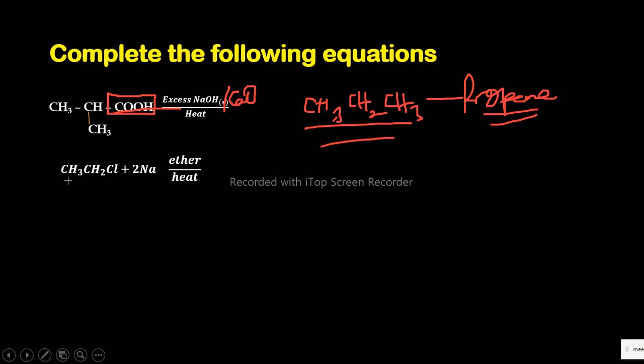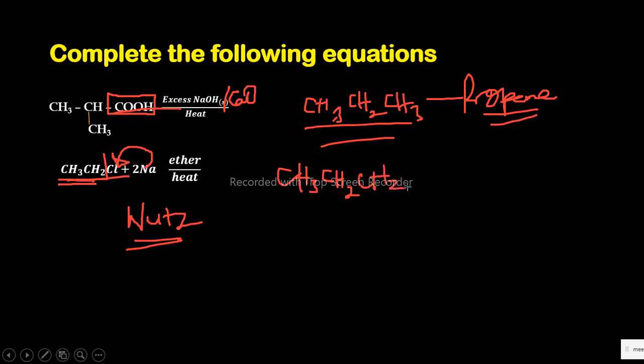But now this is the Wurtz reaction. With this reaction, there is doubling of the carbon chain, where the sodium is going to take away this Cl, and the CH3, CH2 doubles, and we form CH3, CH2, CH2, and finally CH3.